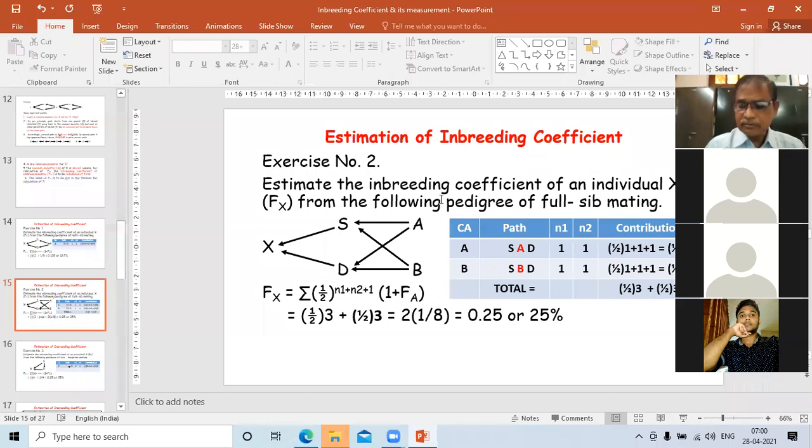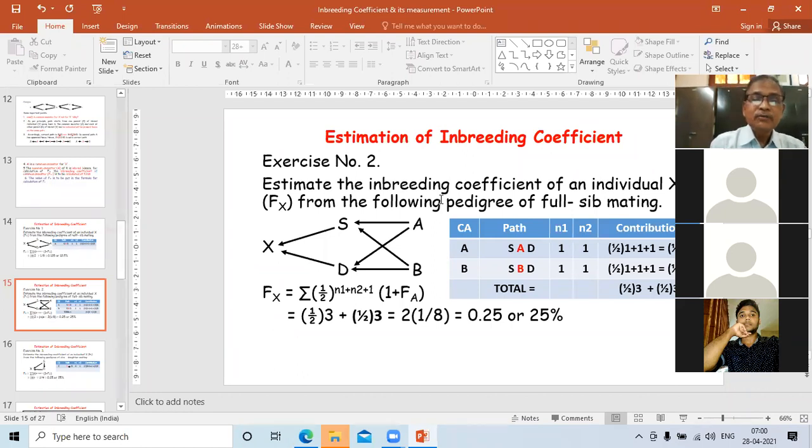So this is the way of calculation: the contribution of both the common ancestors is to be added. That is, you put the values in the formula. So half to the power 3 plus half to the power 3 is equal to 2 into 1 by 8, which is equal to 0.25 or 25%.